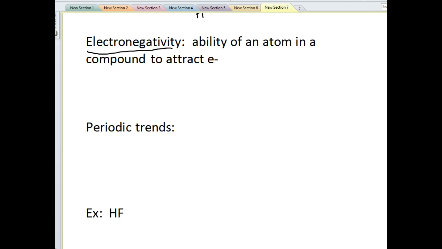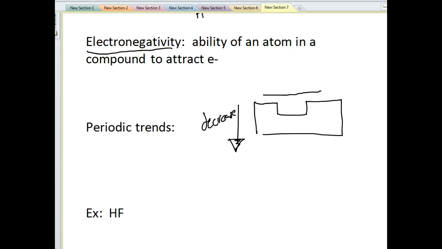The periodic trend for electronegativity is, here's our periodic table: as we go down the periodic table, electronegativity is going to decrease, and as we go to the right across the periodic table to the halogens, it's going to increase. So we would say fluorine is the most electronegative atom on the periodic table. It's going to be able to attract those electrons towards it.